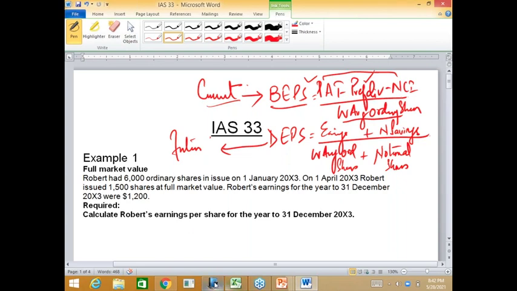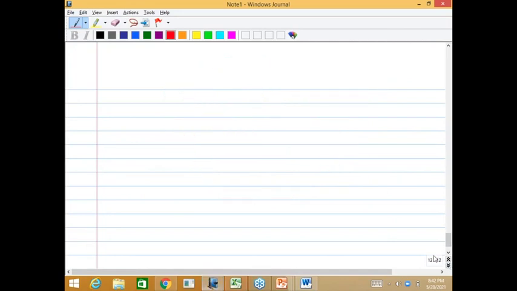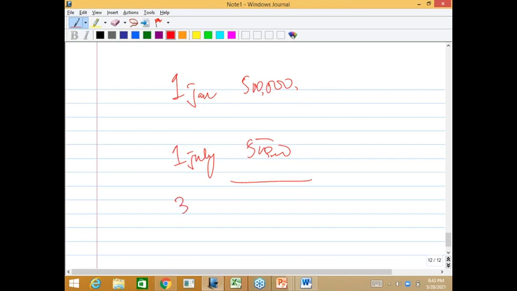Suppose the company has issued 5 lakh ordinary shares on 1st January and another 5 lakh shares on 1st July. At the reporting date, we have in issue 1 million shares.